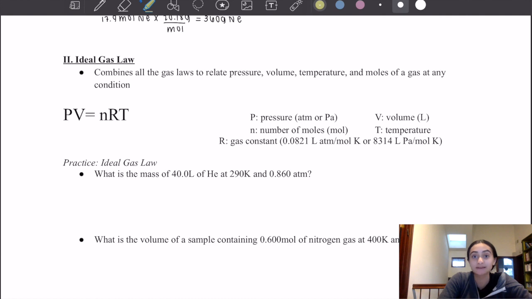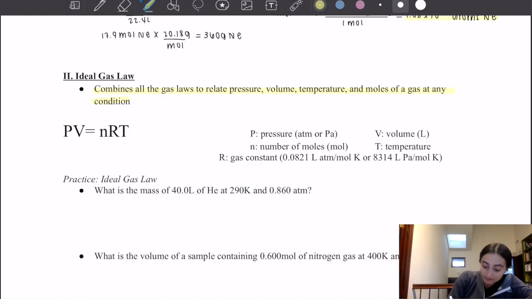Okay, so the next and last gas law we are going to go over is the ideal gas law, which basically combines all of the gas laws, including Avogadro's law and the combined gas law, to relate pressure, volume, temperature, and moles in any kind of condition. So this is not at STP. The ideal gas law is written as PV equals nRT.